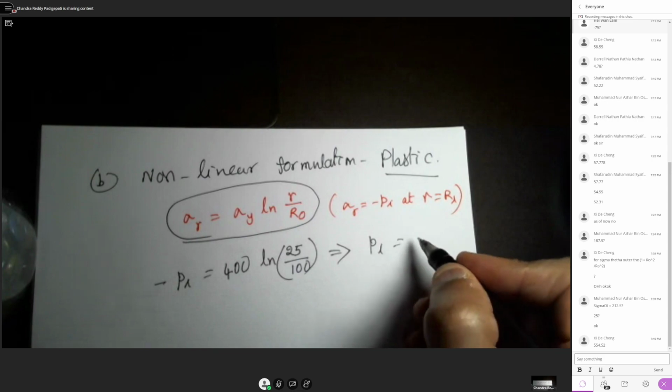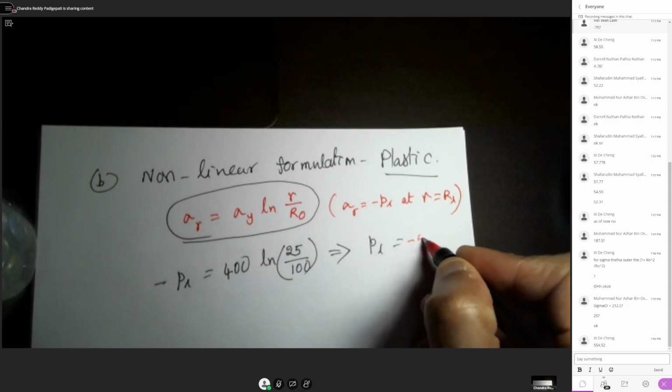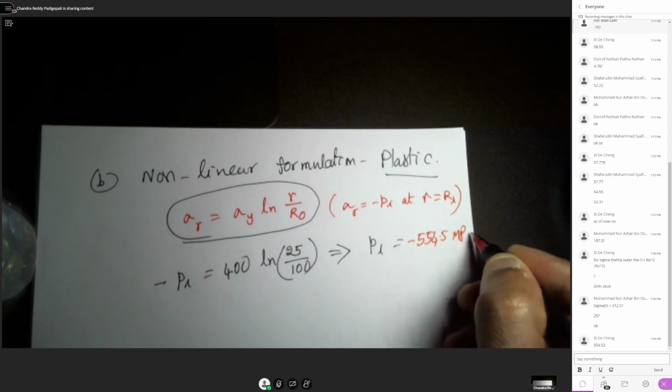So Pi, we can take the negative sign, and you will get about negative 554.5 megapascals.